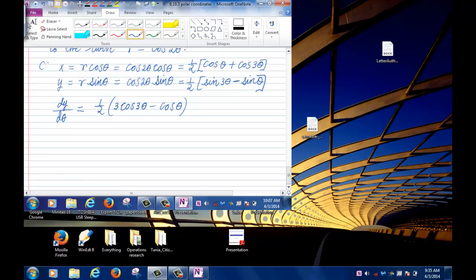And what is dx d theta? That would be half what? Negative sine theta and negative 3 sine 3 theta, right?